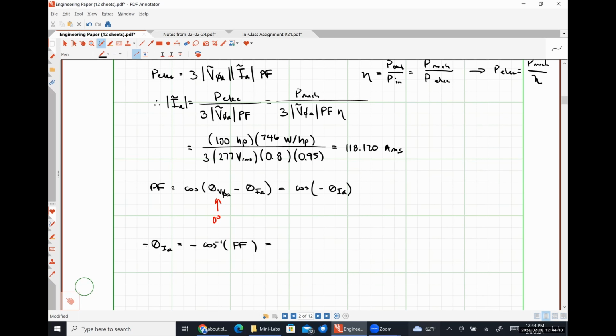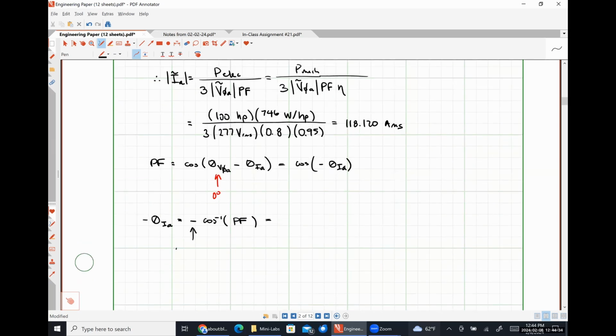Okay. So from this relationship up here with our power factor, we can say that negative theta IA is going to be equal to the inverse cosine of our power factor. Because our power factor is leading, that's where this negative sign right here is coming from. If our power factor were lagging, that sign right there would need to be positive.